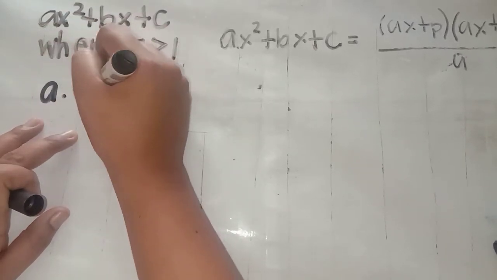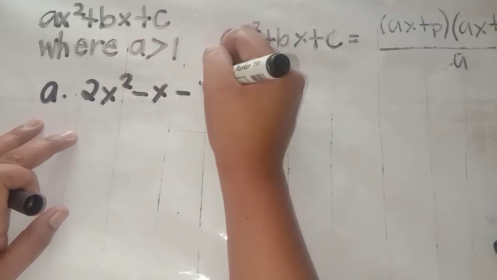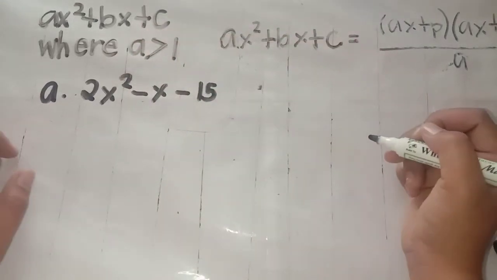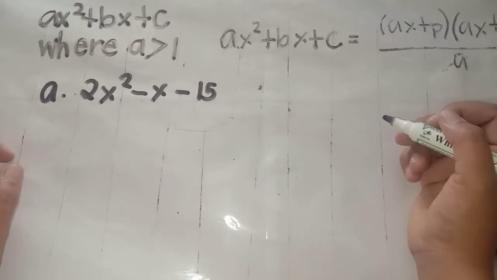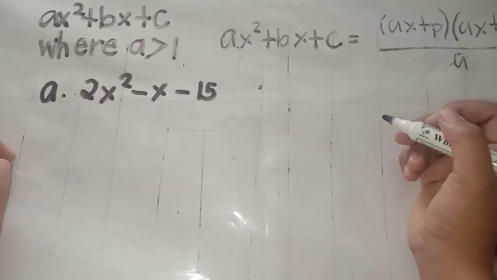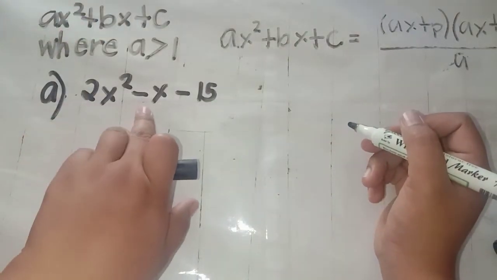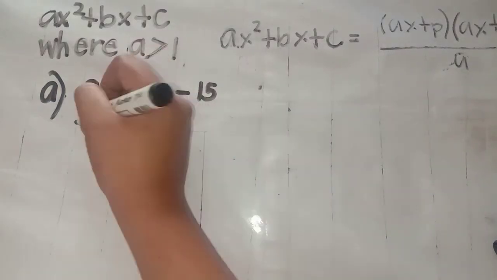That is 2x squared minus x minus 15. The first step is to get the value of a, b, and c.